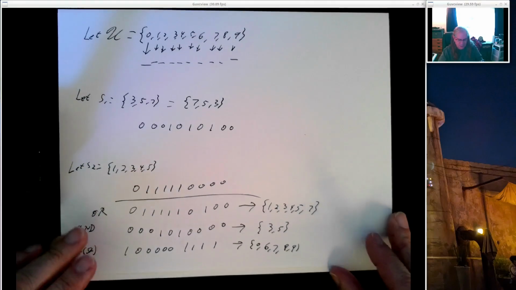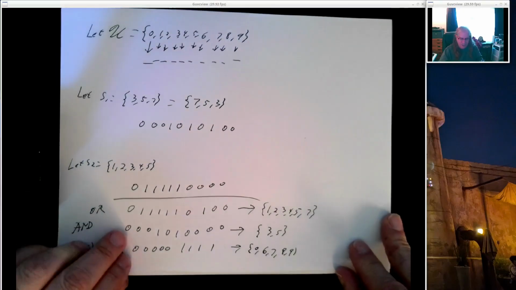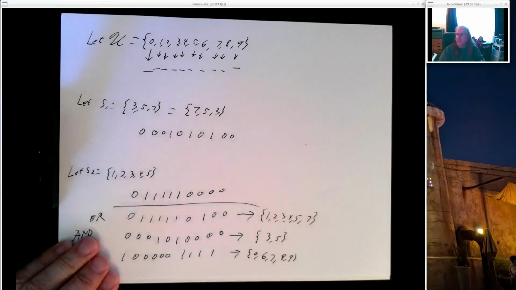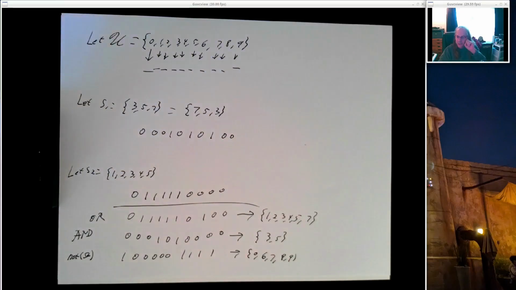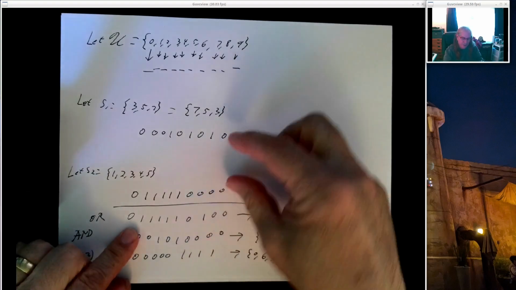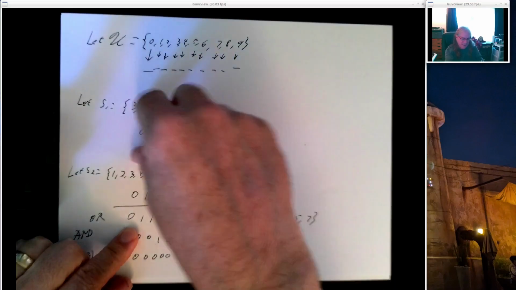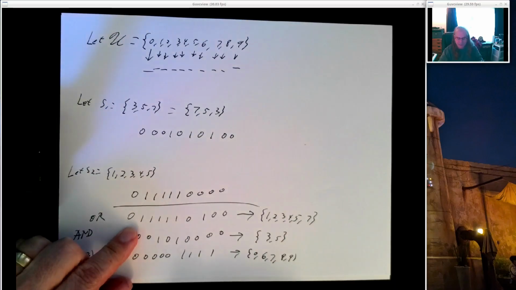So there's two advantages to this. One, it's a way to represent sets as a string of binary numbers, which works well for computers. But two, it lets us do set operations by doing Boolean operations on these strings of 1s and 0s. If I do an OR between two Boolean strings, that gives me the union of the corresponding sets.